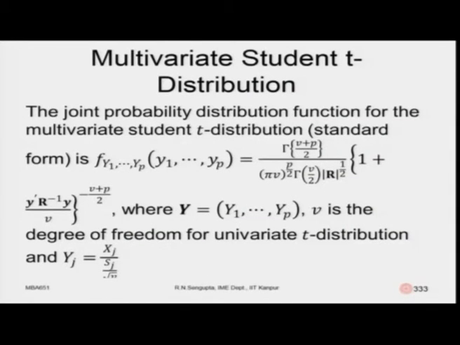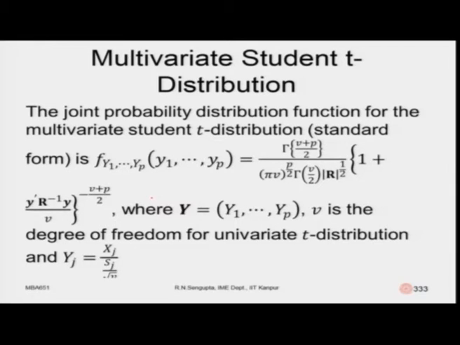Now, if you remember, we have considered the t distribution, and that was for the univariate case. The t distribution which we will consider now is the joint probability distribution function for the multivariate student t, and the standard form is given by the same formula, but we are just extending it to the multivariate case.